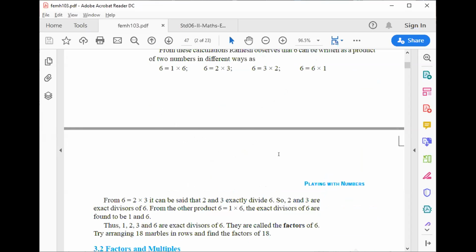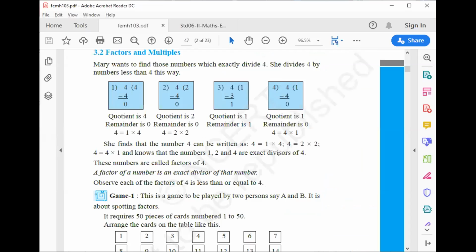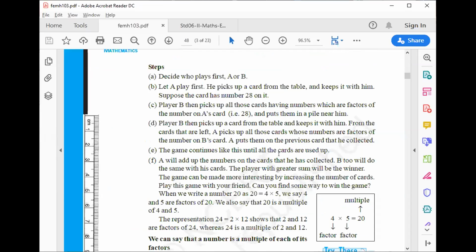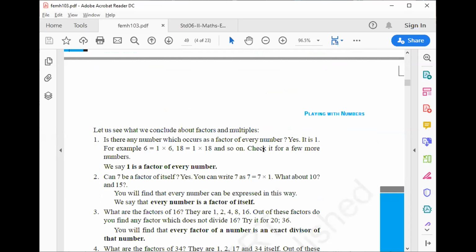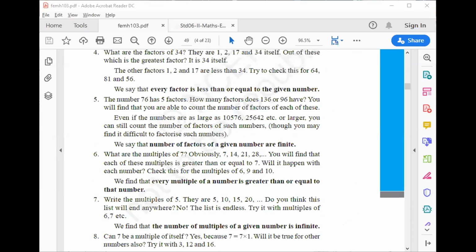In particular, first of all, multiples are greater than, okay, I don't think I can get that symbol.